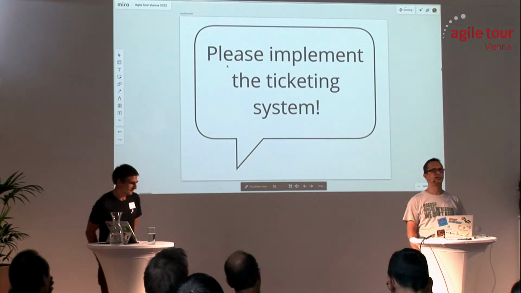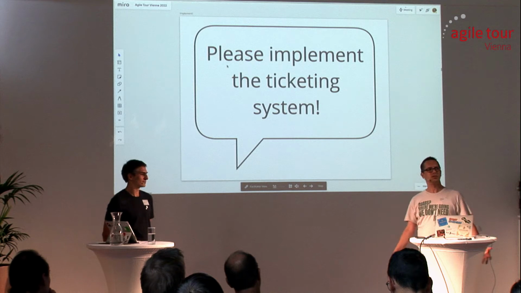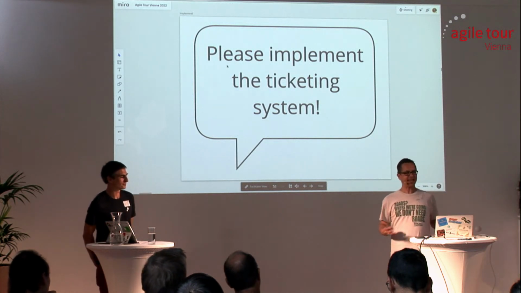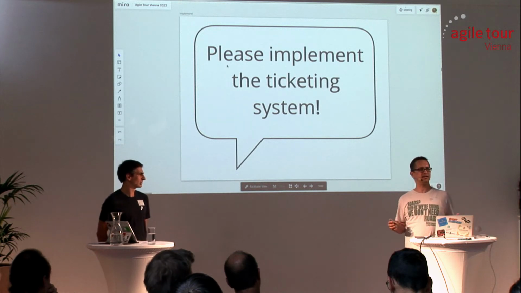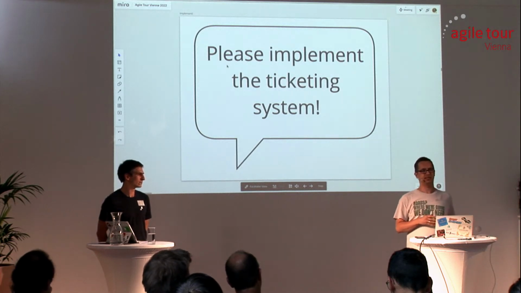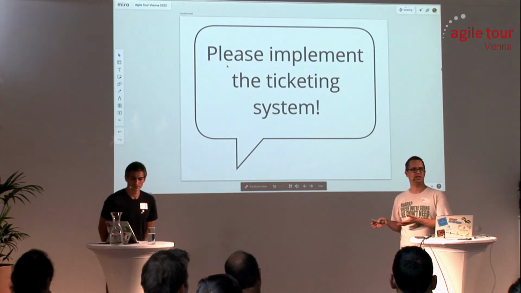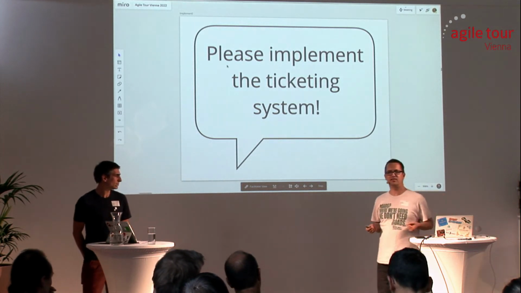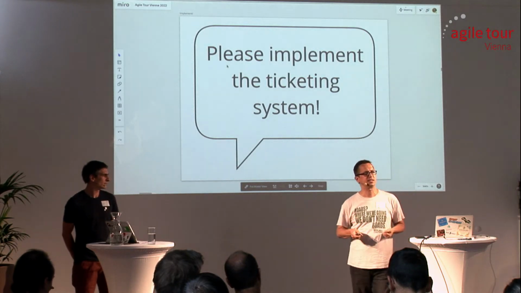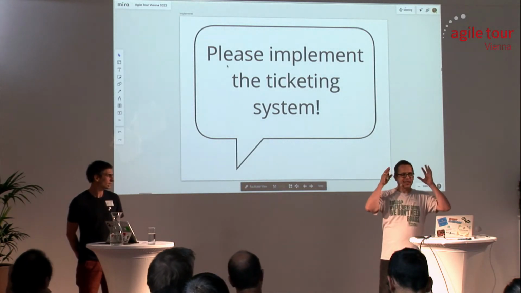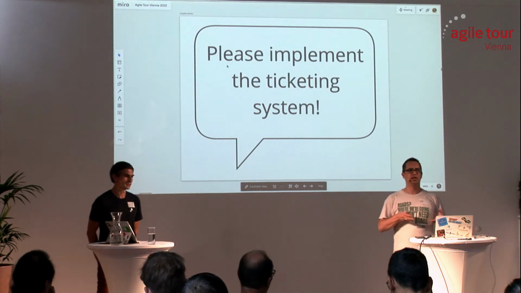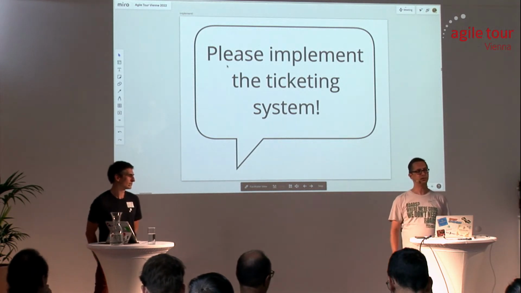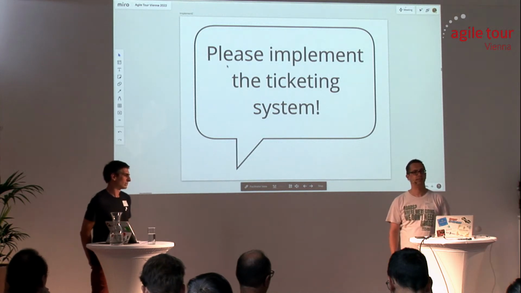But then, in order to do this really well, we need to gain a better understanding. We need to understand the business processes which need to be supported here. We probably also need to put ourselves a little bit into the shoes of our customers and our users and understand how do they actually work nowadays, and even more important, how could they then work in the future? Maybe with the help of our system.